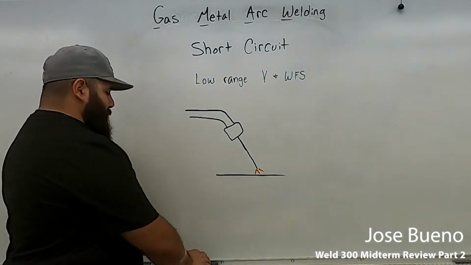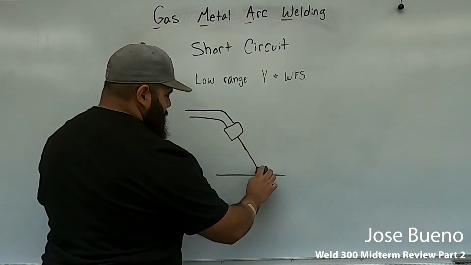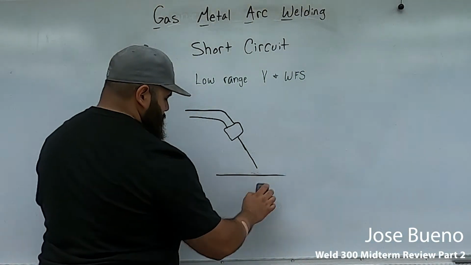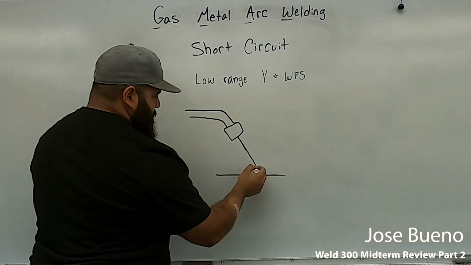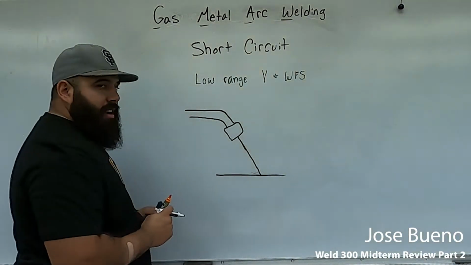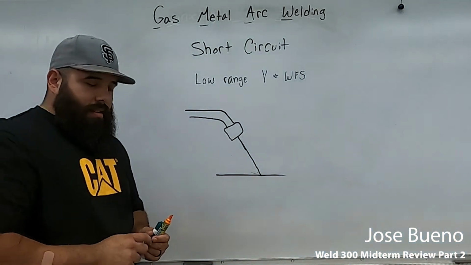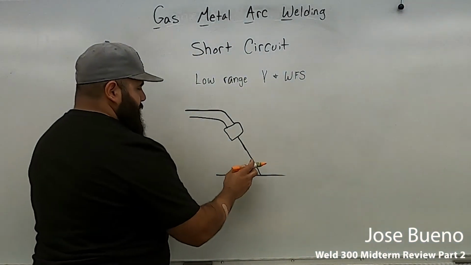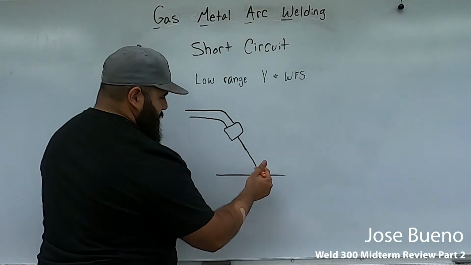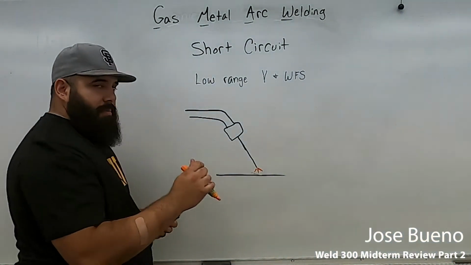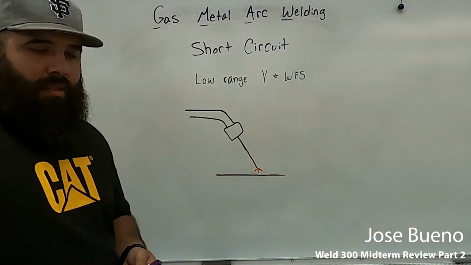And once that happens, the arc kind of cuts out shortly after. The electrode comes back out, makes contact again, and then it heats up, melts, an arc is established, and the electrode that melted off becomes part of the weld.